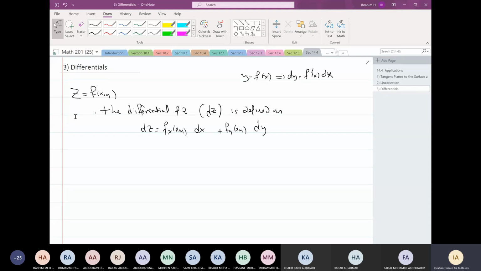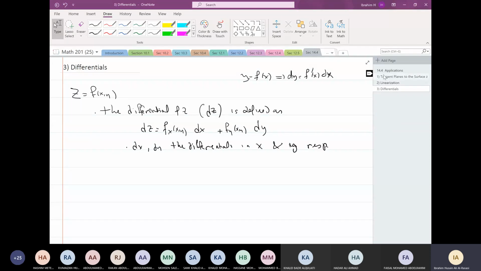Then you have three differentials: dz for the range, dx and dy for the domain, the differentials in x and in y respectively. So this is the generalization of the definition of the differential. You take it now as a definition.